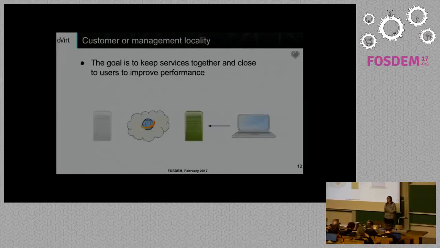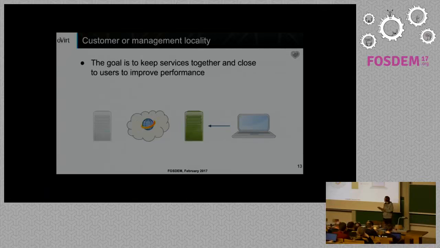So I said that I'll explain the locality aspect later on. So now is the time. Basically, one of the goals you all have when you are exposing services on the web, for example, is to put your services as close to customers as possible. Customer can be internal, it can be another service, it can be somebody on the internet, it doesn't really matter.